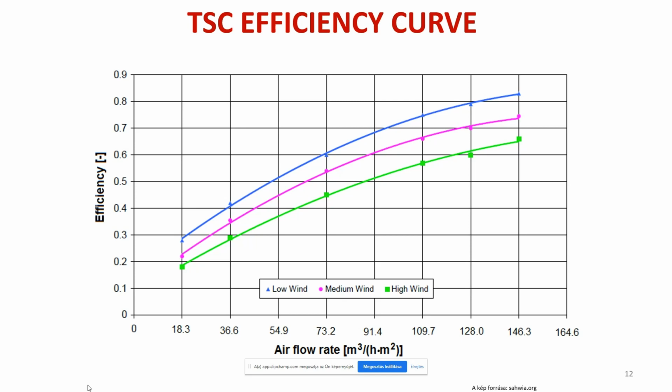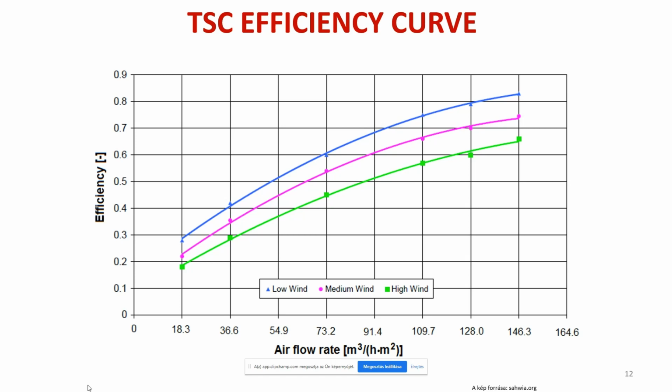The higher the airflow rate is, the higher the efficiency is, because then you are keeping the collector plate at a lower temperature, resulting in even lower losses, and this is why the efficiency increases with increasing airflow rate. You can see, however, some effect of the wind. Obviously, this system operates better in lower wind than in windy conditions.